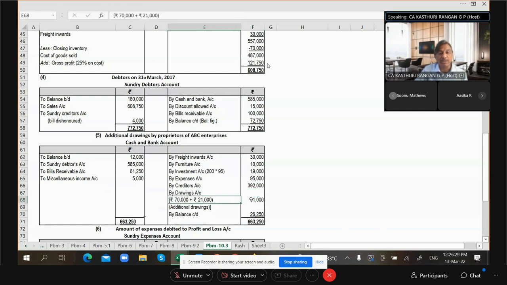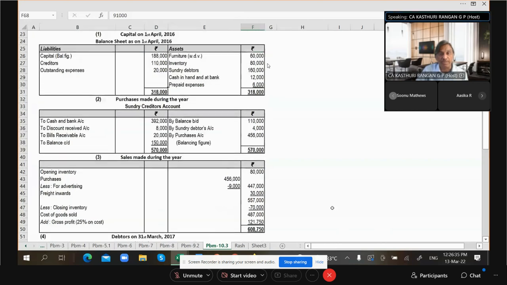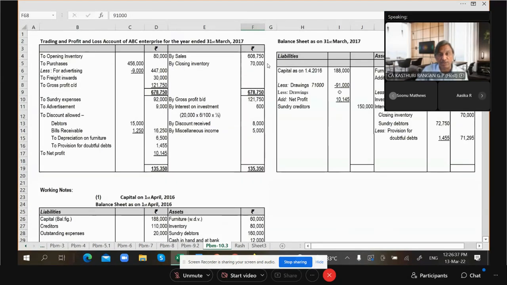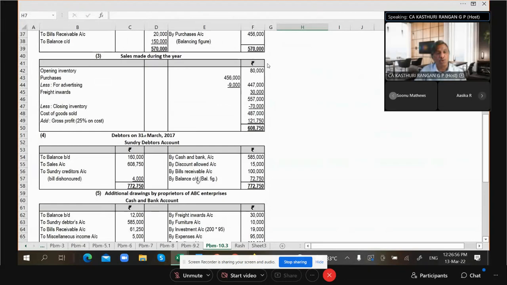So the total drawing will be 91,000. This 91,000 should be deducted in the balance sheet. That's what we have done. Are you clear? Normal drawing is 71,000. Additional is 20,000. Total 91,000. Okay. So working note number 5 also over.